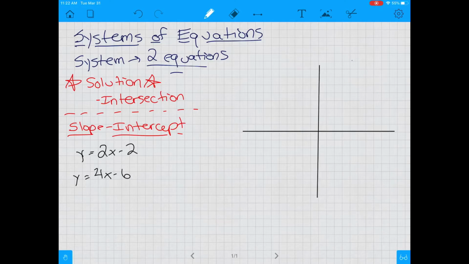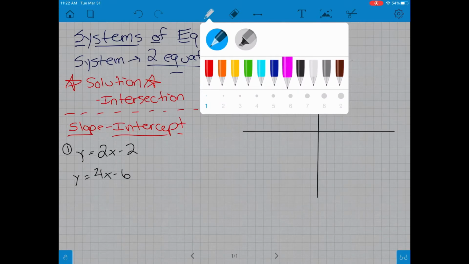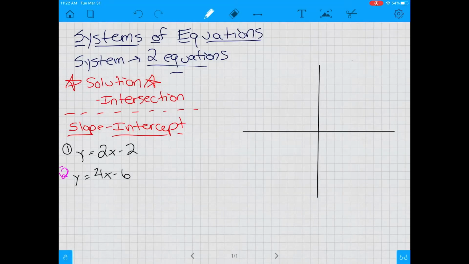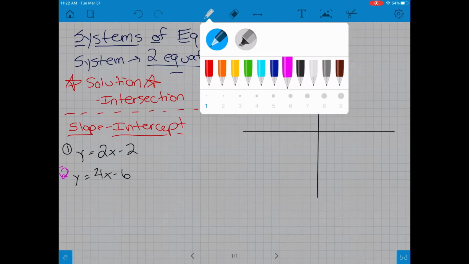These are my two equations. The first thing I'm going to do is graph them. I'll do line 1 in black, and line 2 in a hot pink color.